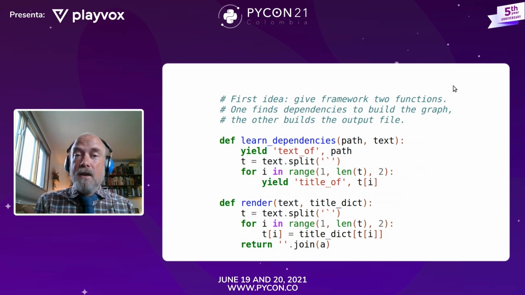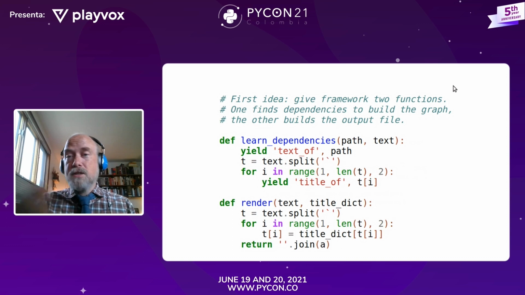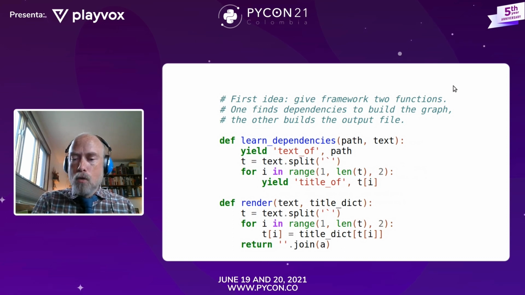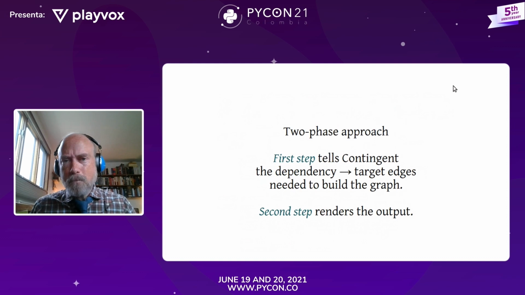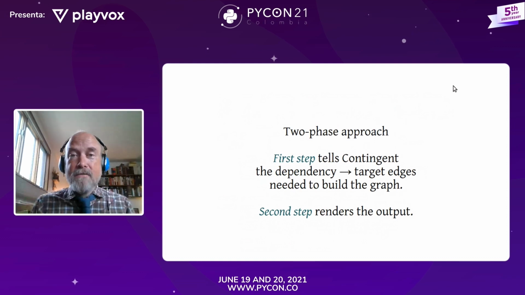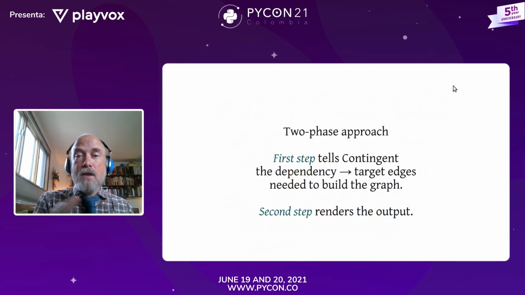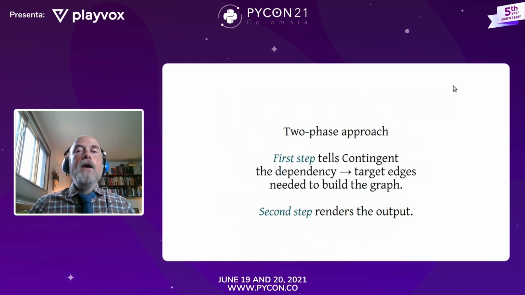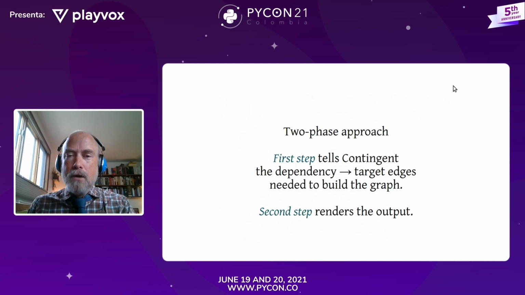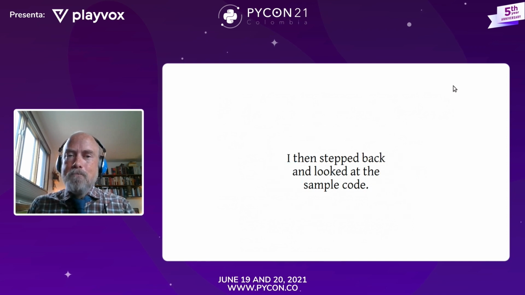Then a second routine, once the framework has gone and learned what those titles are, that will let us render the document and insert those titles into the output text. A two-phase approach. A first step to tell Contingent the dependency to target edges needed to build the graph. Then a second step, which renders the output.